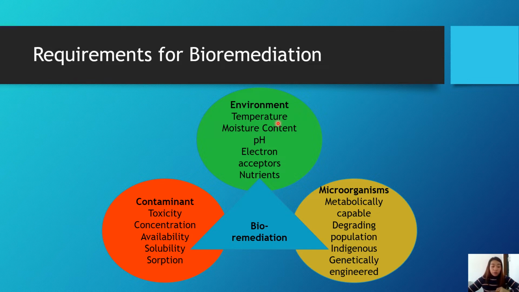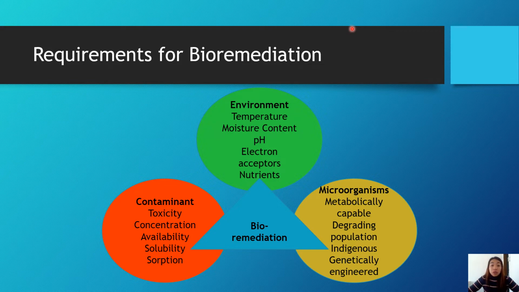Now, in general, temperature influences the rate of bioremediation by controlling the rate of enzymatic reactions within microorganisms. Most bacteria which are able to degrade petroleum hydrocarbons are mesophiles. When we say mesophiles, temperature should be 20 to 40 degrees Celsius.